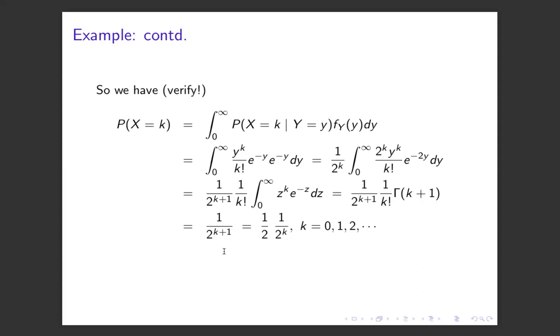So do the necessary cancellations, and you get half to the power k plus 1. So the probability of capital X equal to k is this, and you easily observe that you can write it so that you conclude that capital X has a geometric distribution with parameter half.